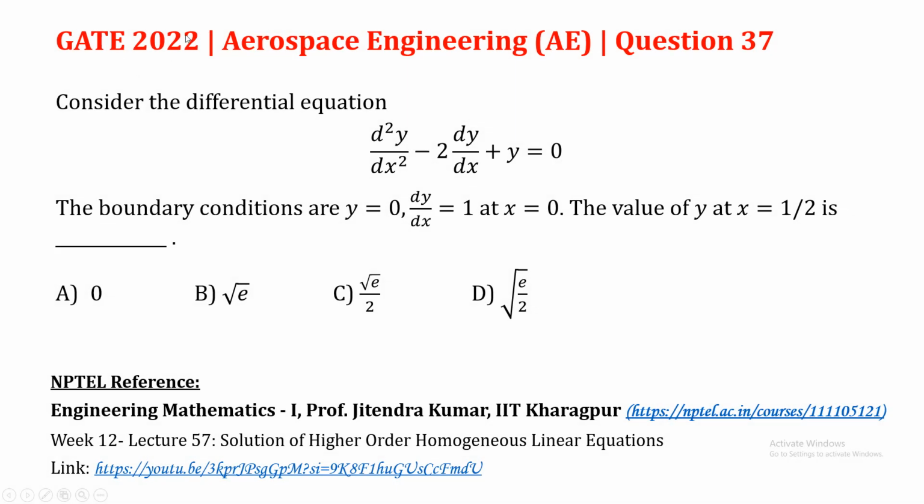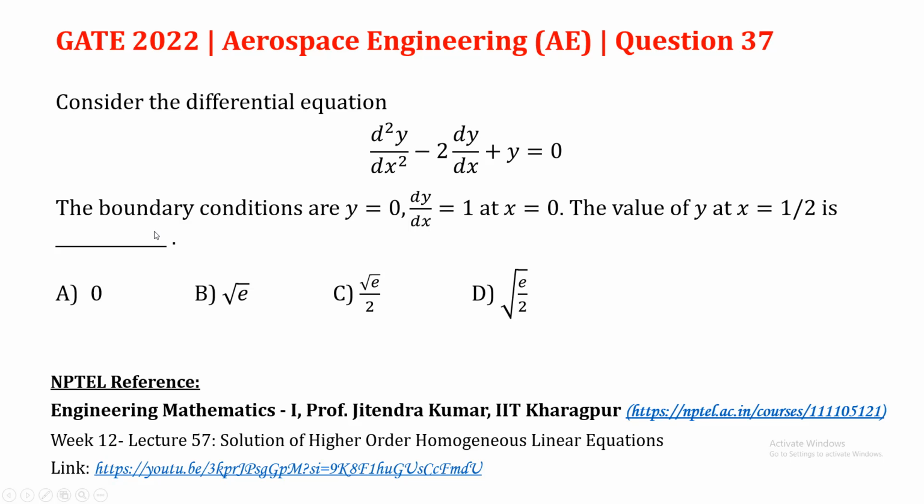We have a problem from GATE 2022 Aerospace Engineering paper, question number 37. It's a mathematics problem. We have been given an ODE, an ordinary differential equation: d square y by dx square minus 2 into dy by dx plus y is equal to 0.